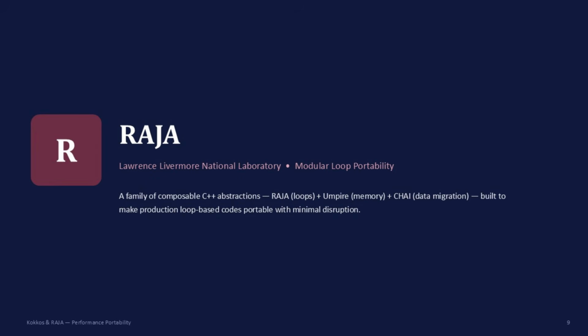Next, we have RAJA. RAJA was developed at Lawrence Livermore National Laboratory. Like Kokkos, RAJA helps developers write portable and high-performance C++ programs. But RAJA has a more modular approach. It focuses mainly on making loops portable, while other tools can handle memory and data movement.